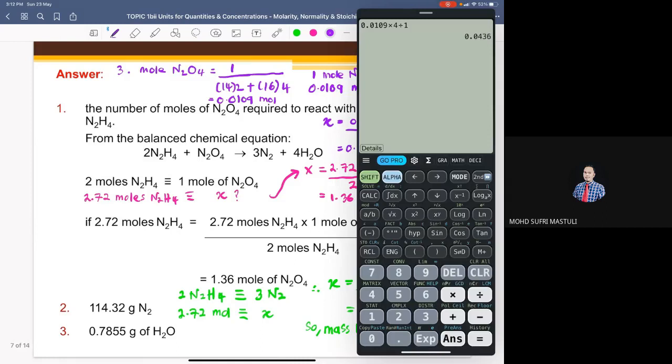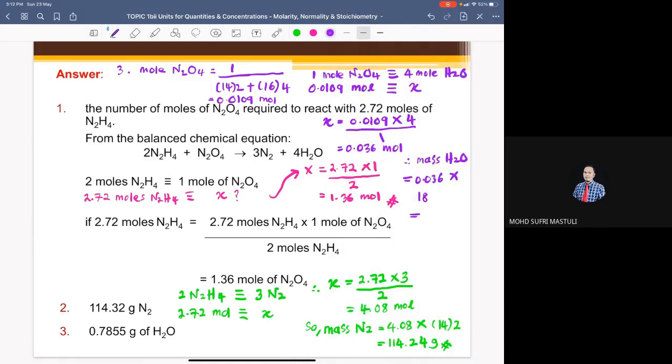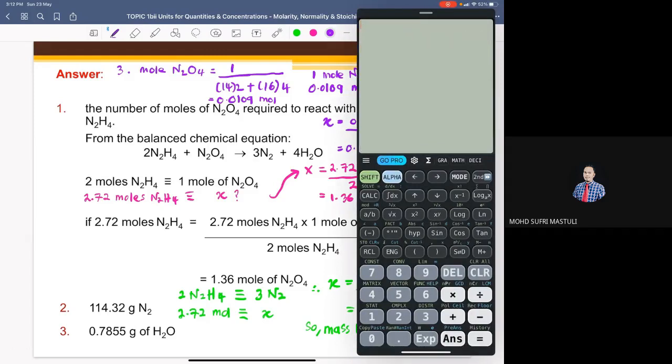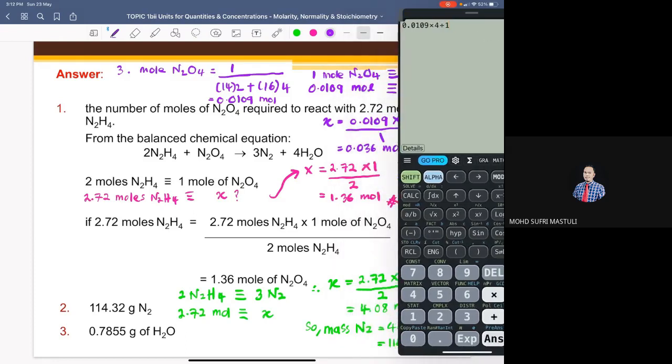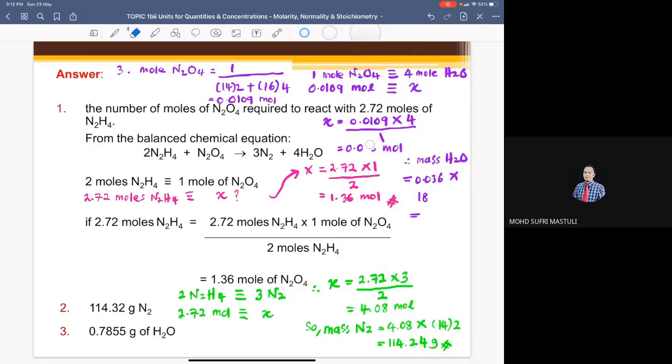So 0.0109 times 4 divided by 1 is 0.0436 mole.